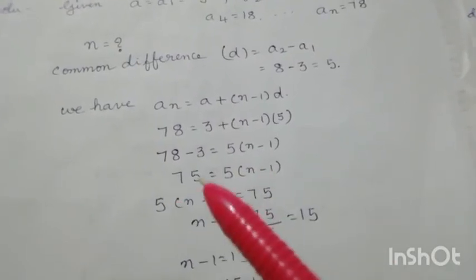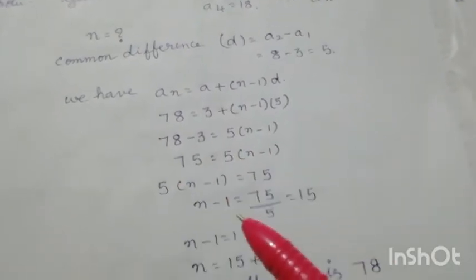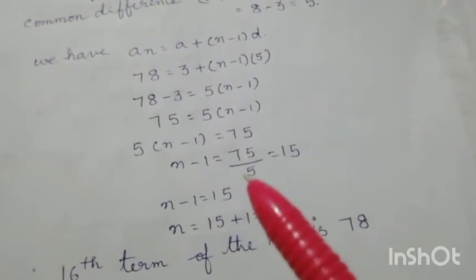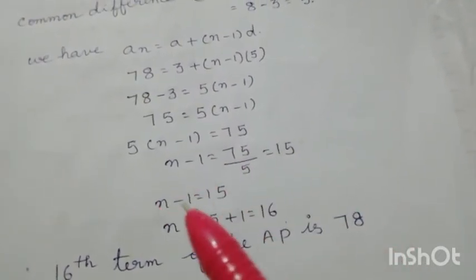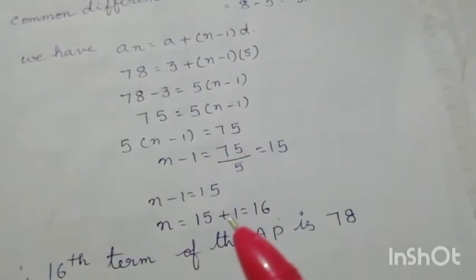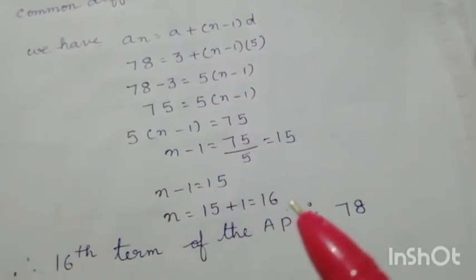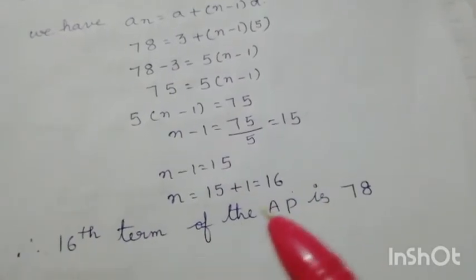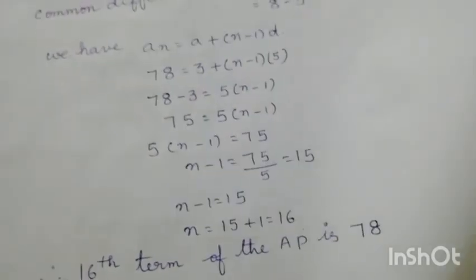So 5 into n minus 1 is 75. n minus 1 is 75 divided by 5, which is equal to 15. n minus 1 is 15. Bring minus 1 this side, it becomes plus 1. Therefore n is equal to 16. 16th term of the AP is 78.